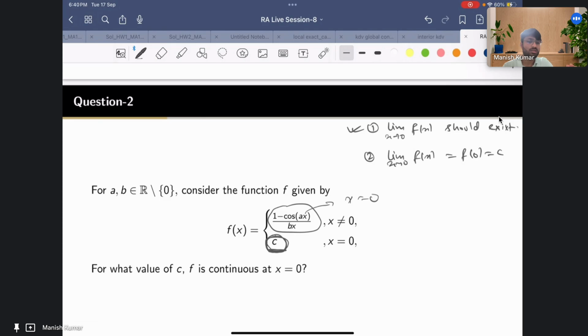If this limit does not exist, then we are done. Then we can say that for whatever c you choose, it is going to be discontinuous, right? But when this limit exists, you have to choose c as the limit value, right? Then the function will be continuous. Did you understand what I'm trying to say?